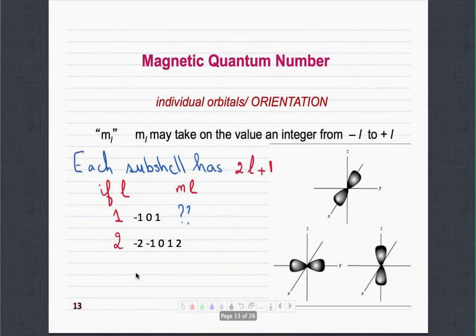Now, the hardest part of this is that when ML equals minus 1, 0, or 1, this is what I usually hear from you in office hours: if ML equals 0, how come it has an orientation? Take the minus 1, 0, 1 as if it is just numbering an apartment.